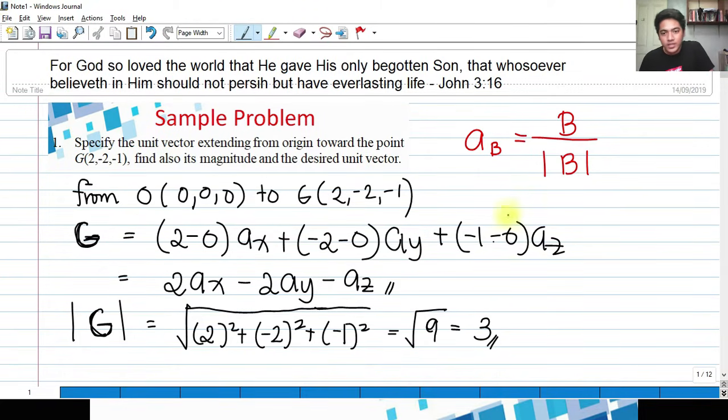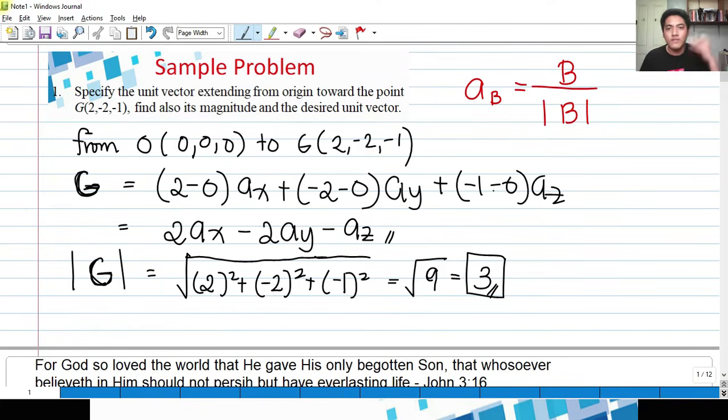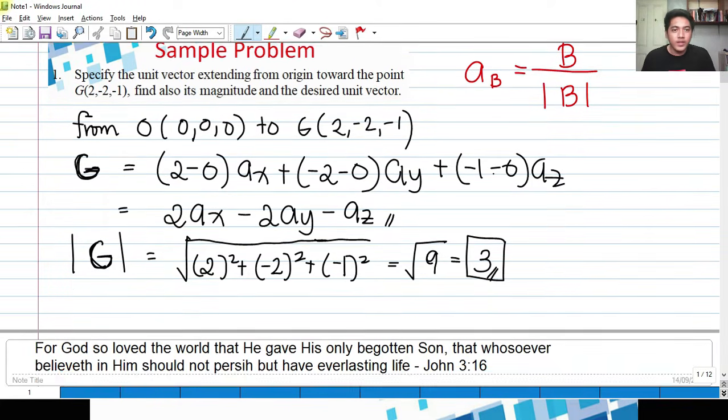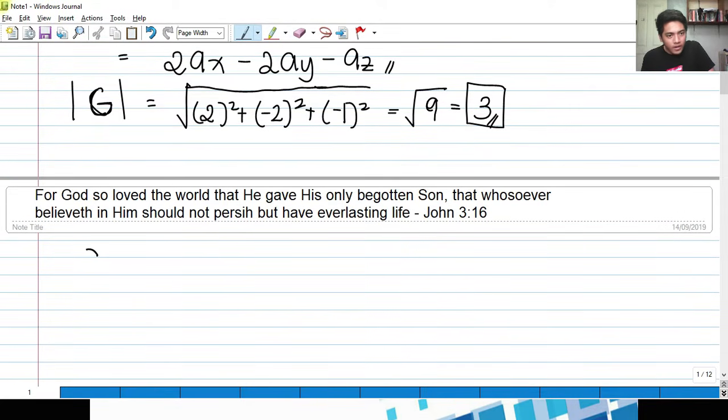As you can see, this is a scalar quantity, because if we take the magnitude of any vector, it's always a scalar quantity. How about the desired unit vector? The desired unit vector a sub g is actually equal to what? The vector g itself over the magnitude of the vector g.